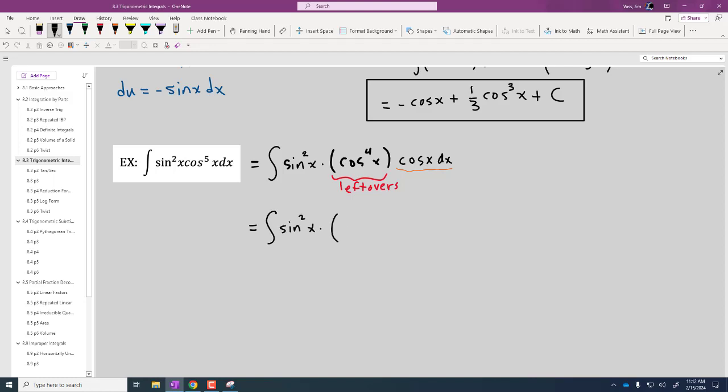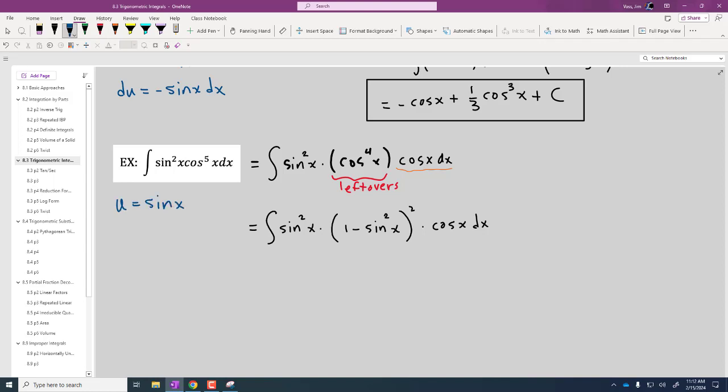So by the Pythagorean theorem, 1 minus sine squared, but we have to square it. Now the leftovers have been converted. Cosine squared is 1 minus sine squared, and we've got 2 cosine squareds, so we have to square that. Now we're ready to rumble. Let u be sine of x.